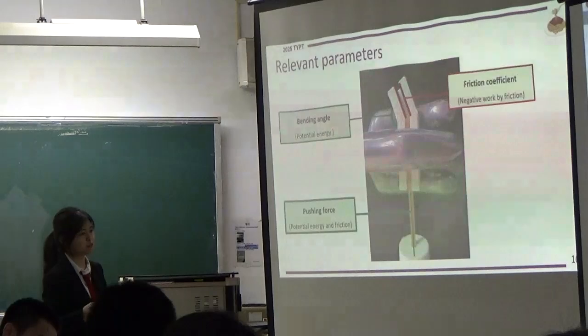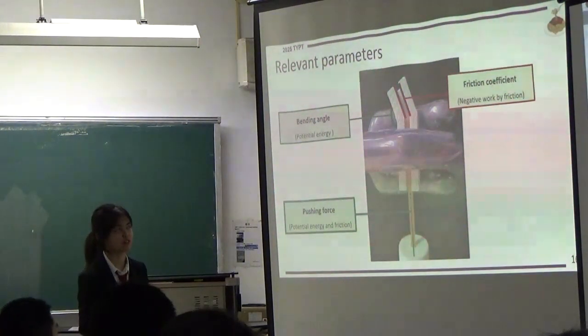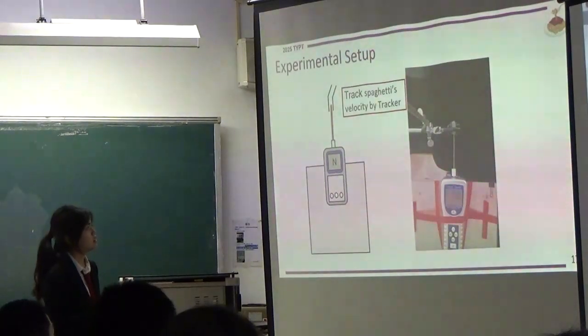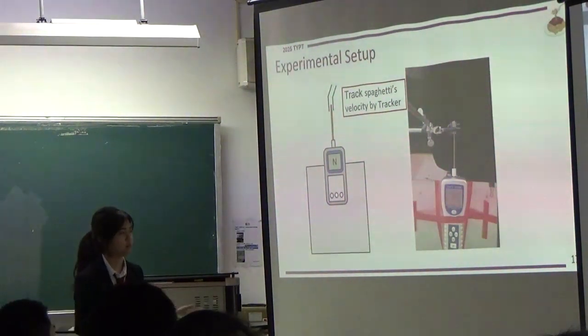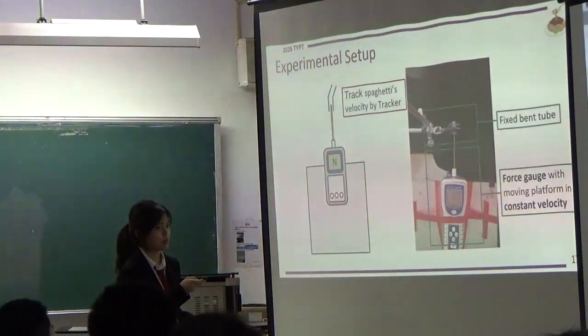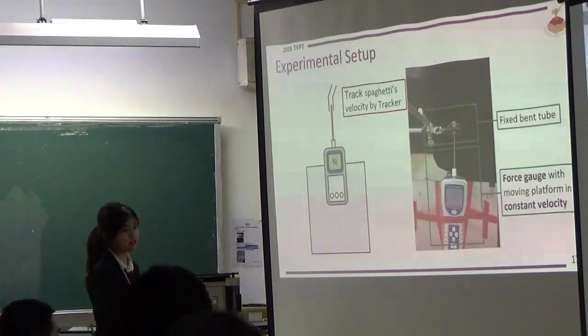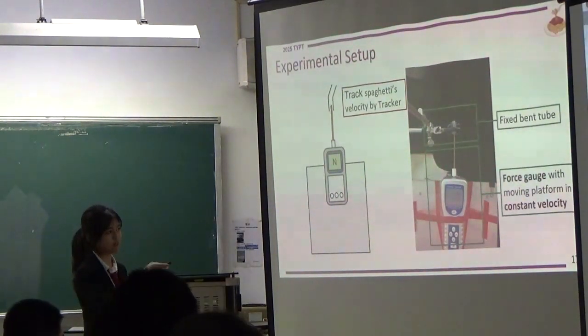So we have three parameters, which is the bending angle, the pushing force, and the friction coefficient. So first, this is our experimental setup. The bending tube that was mentioned in the problem statement is right here.